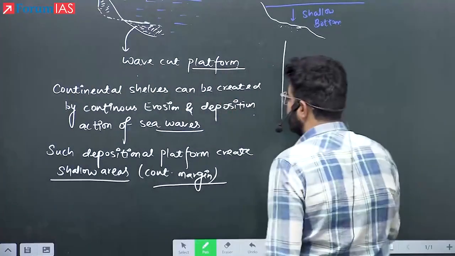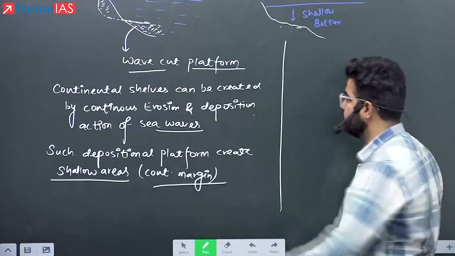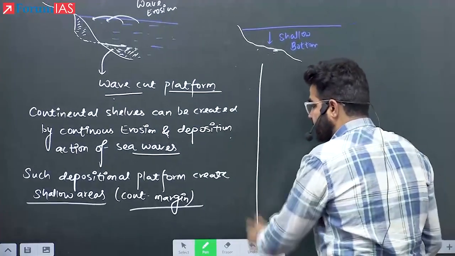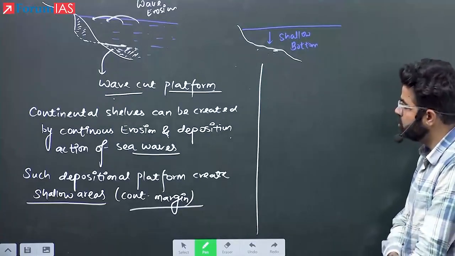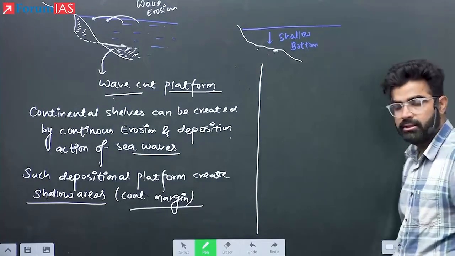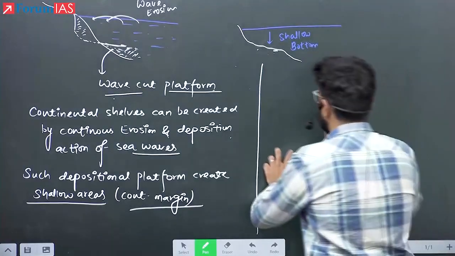So these are also known as wave cut platforms. These wave cut platforms are responsible for creating the continental margins. So marine erosion is also one reason that can create a continental shelf. This is the fourth reason. The fifth and the last reason.